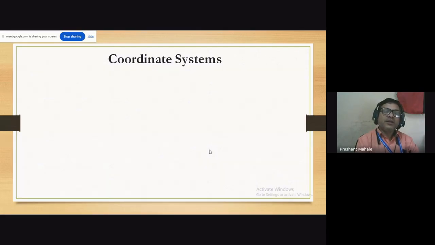In a plane, if you want to locate anything, you need two references. One we call the x-axis, the other we call the y-axis. So what is the distance of that point from the x-axis and what is the distance of that point from the y-axis? Those two values are going to give the exact location of that point. You can see the GPS system that we use for locating points on the earth.